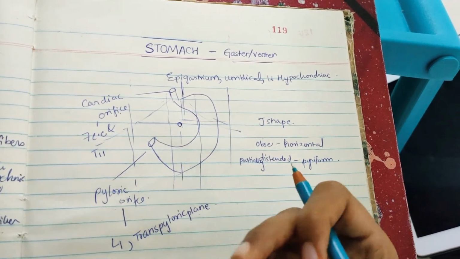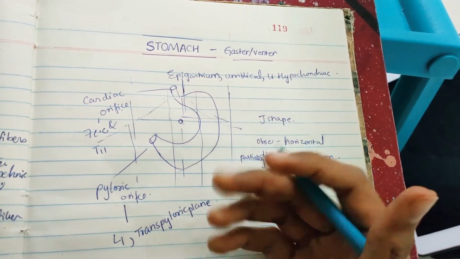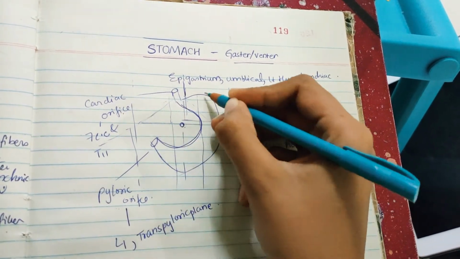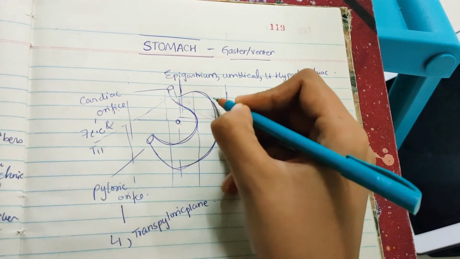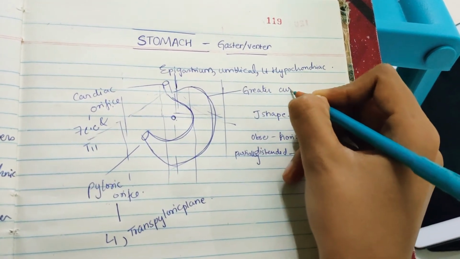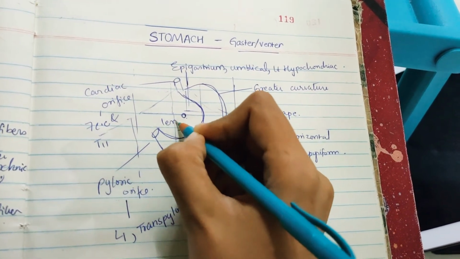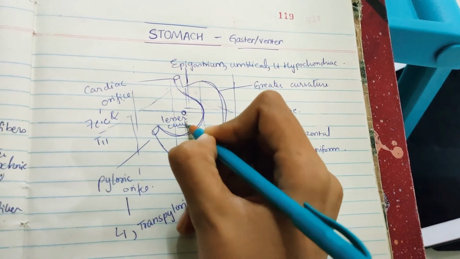Now coming to the external features, the stomach has 2 curvatures. This is the lesser curvature and this is the greater curvature. This is all basic, everyone knows.